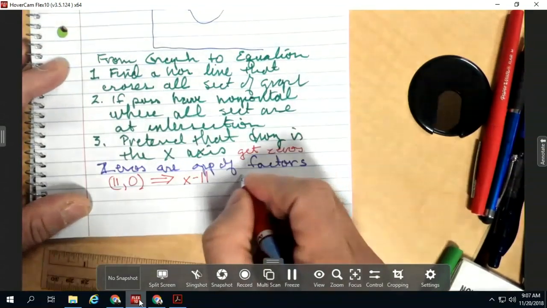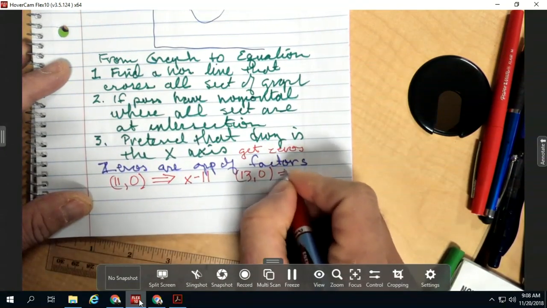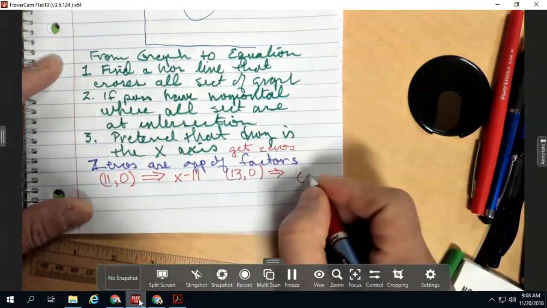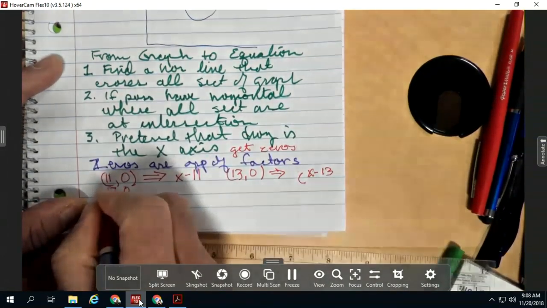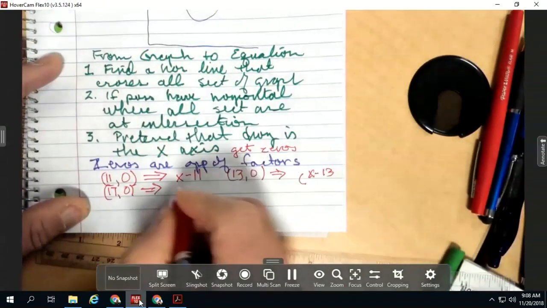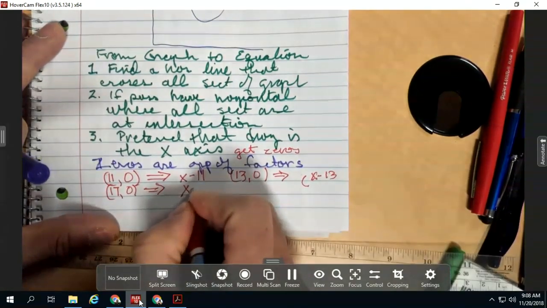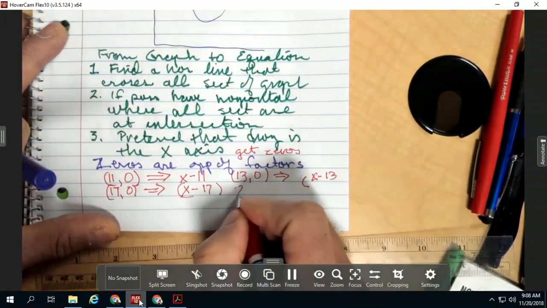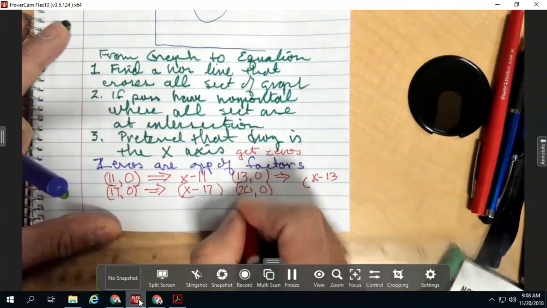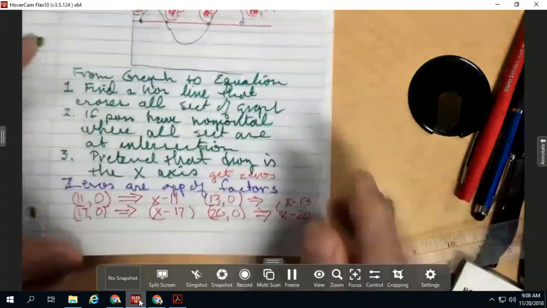So 13, comma 0 corresponds to x minus 13. And 17, comma 0 corresponds to x minus 17, and 20, comma 0 corresponds to x minus 20.